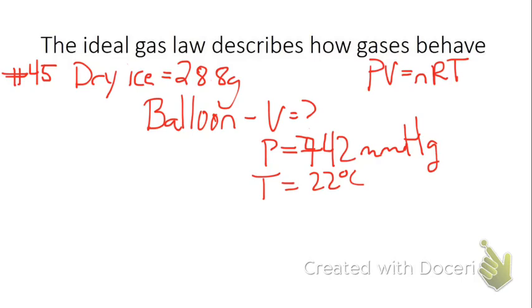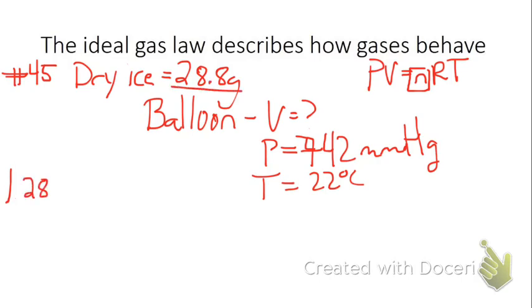The first thing we need to do in these equations is to make sure that our units are where we want them. So the first thing I would recommend is looking at n. n stands for moles. We don't have anything with moles, but we were given an amount.